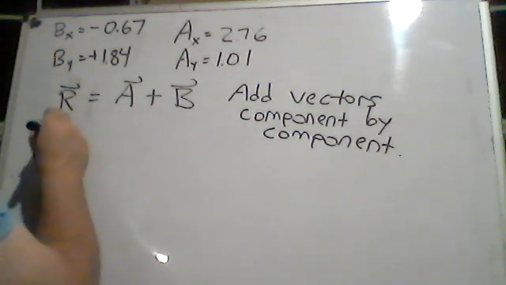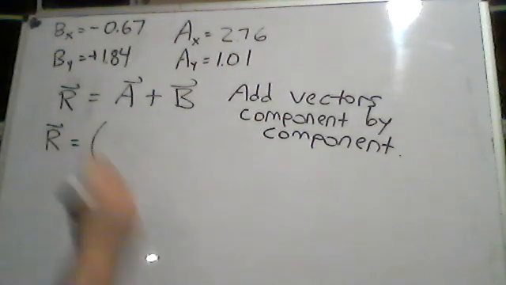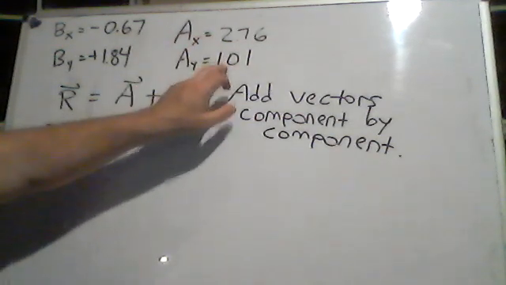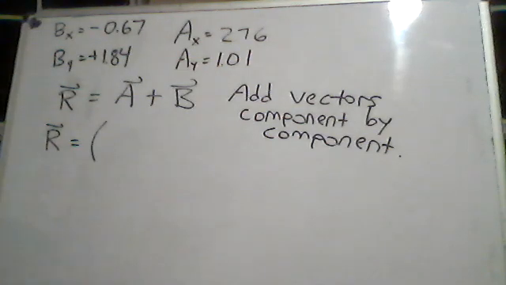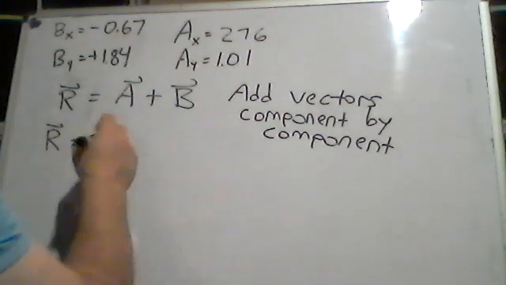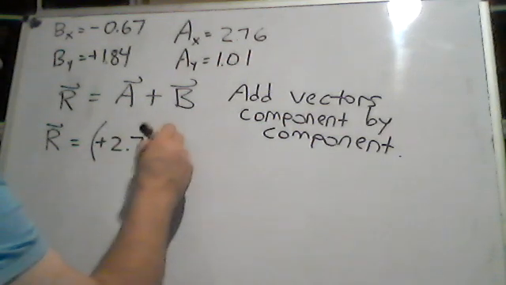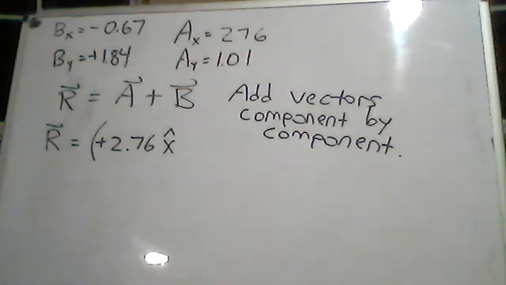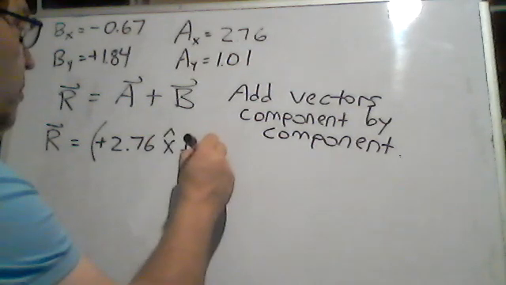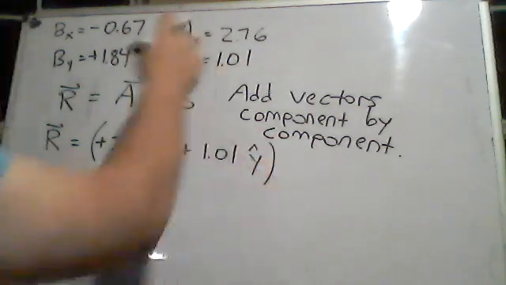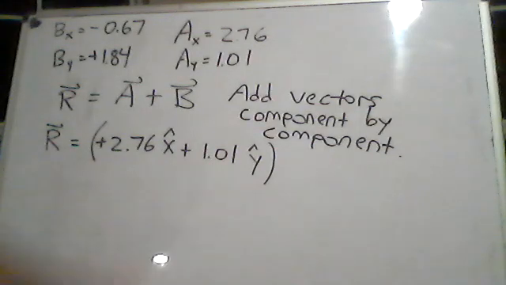I know that R is going to be A. Well, what is A? A is going to be this much in the x hat plus this much in the y hat. Remember the x hat, y hat, the unit vectors? So I'm going to say I have positive 2.76 x hat plus 1.01 y hat. Again, a sub x, x hat plus a sub y, y hat.